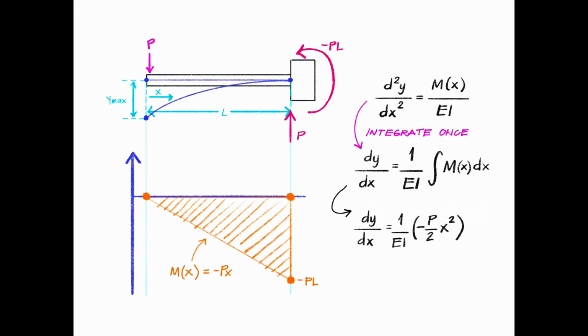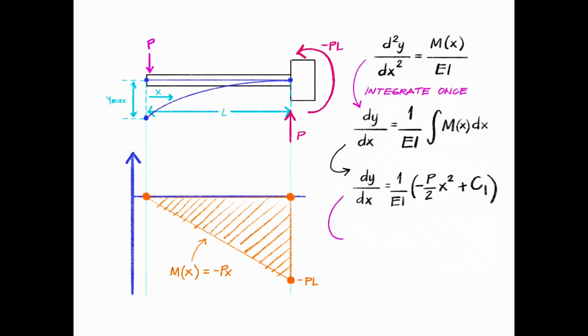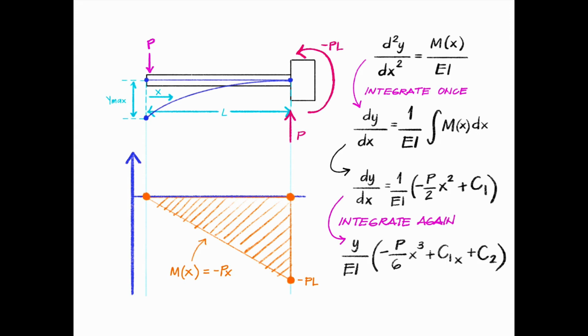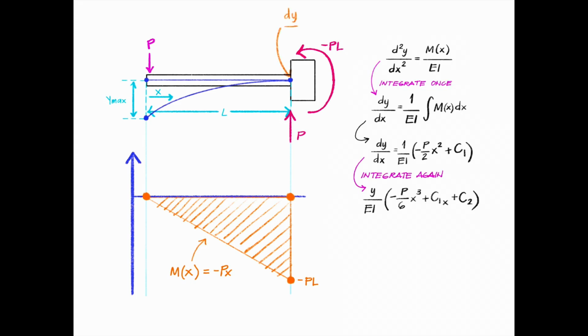Since E and I are constant, we can factor them out of the integral and integrate the moment equation with respect to x. Remember to include a constant of integration, which we'll call C1. After a second integration, we introduce another constant, leading to an equation for the beam's deflection y. We now have two unknown constants, which we can resolve using boundary conditions.